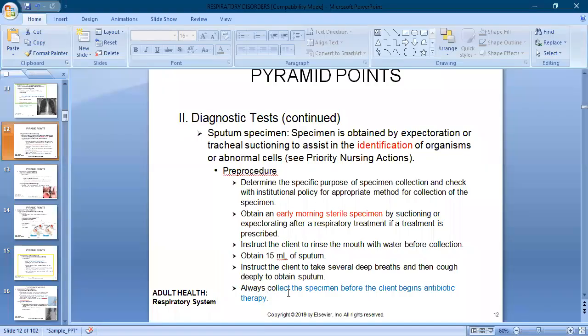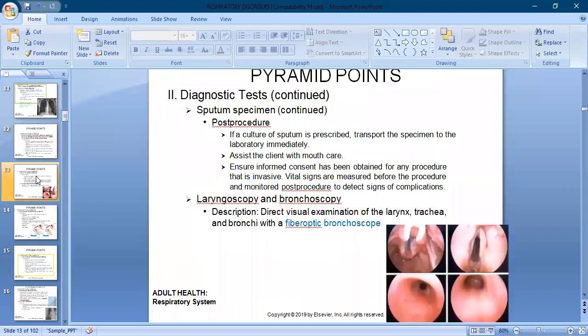So always collect the specimen before the client begins antibiotic. If we start the antibiotic, the sputum will not show any kind of organism or pathogen. Now, going to bronchoscopy or laryngoscopy. Before that, what do we have to tell the patient after the procedure of sputum collection?